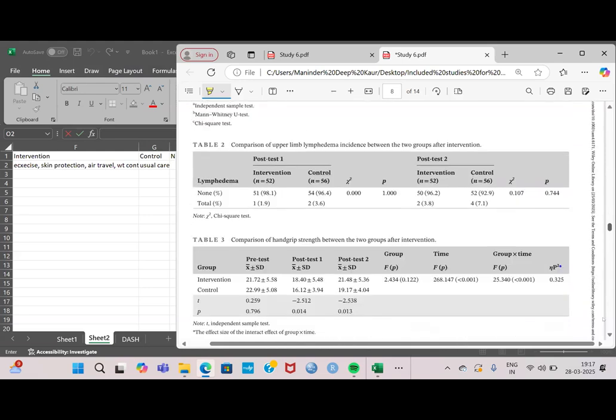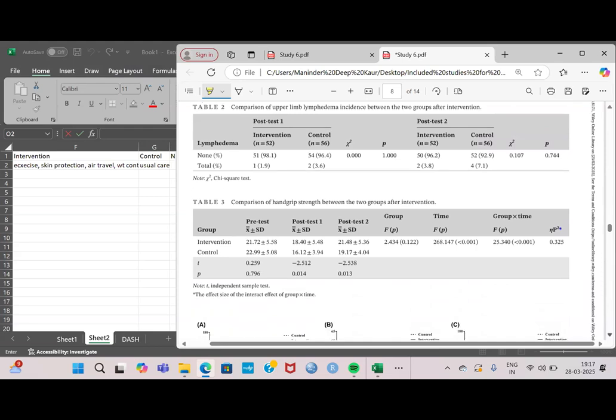So see, yes, comparison of lymph functions and lymphedema incidence between two groups after the intervention. In the PICOD, we said that we will only take those outcomes that have been reported after 3 months. So I am going to take post-test 2 only, because they have reported after 3 months.